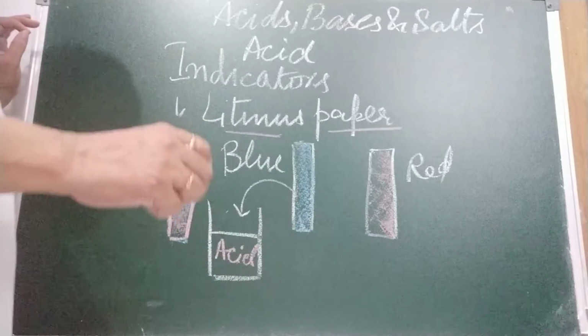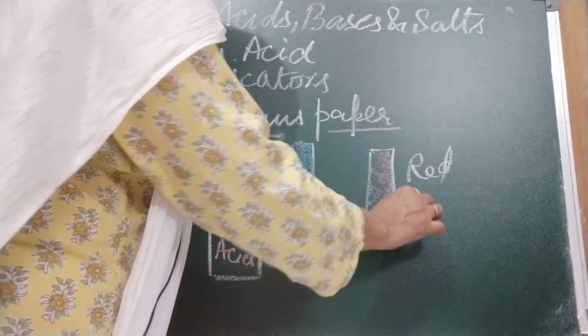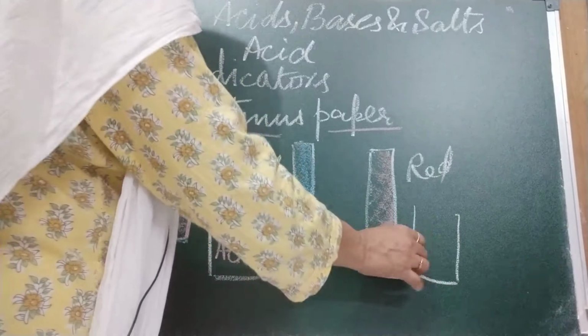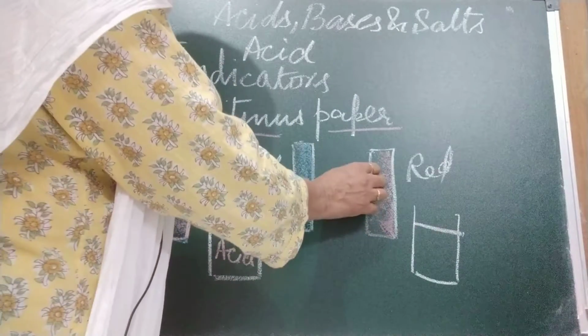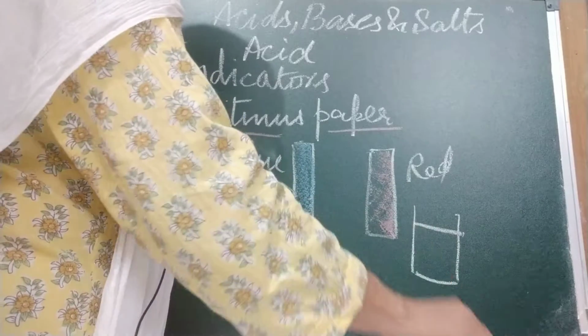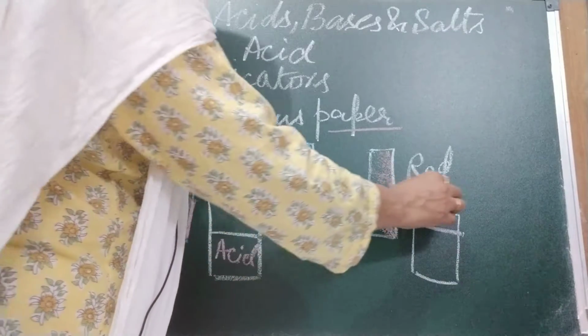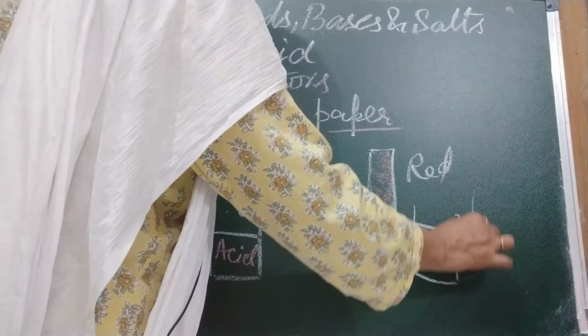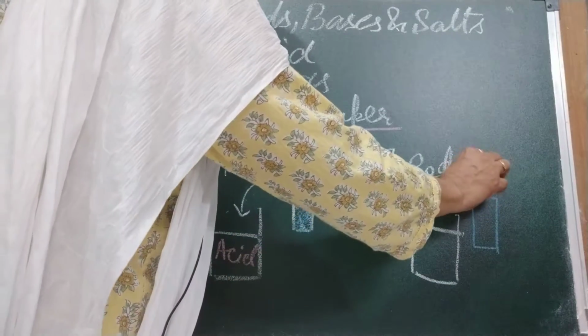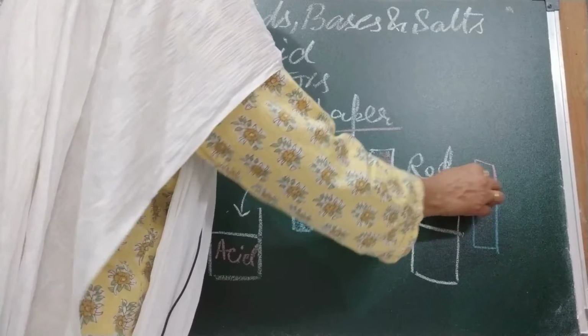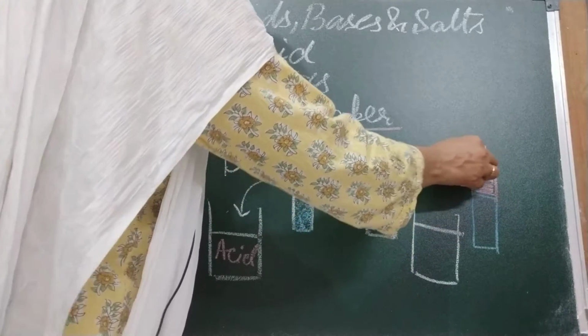Opposite, if we take any substance in liquid and dip the red one, we will find the lower part turned blue and the upper part which is in the air is still red. It means this is a base.